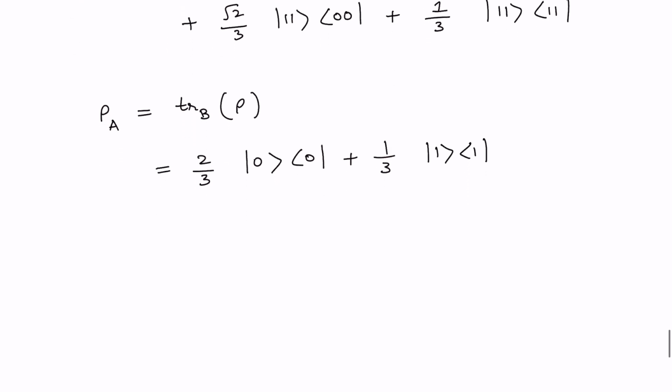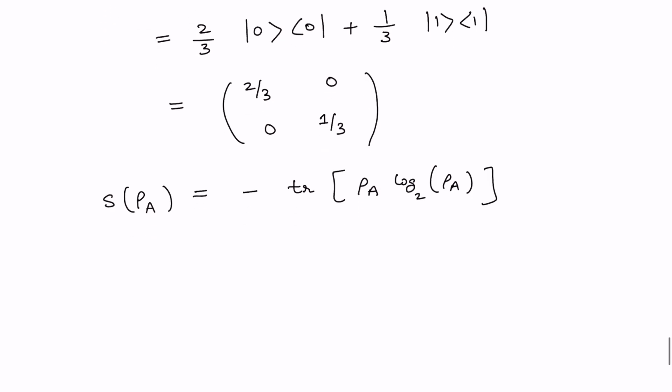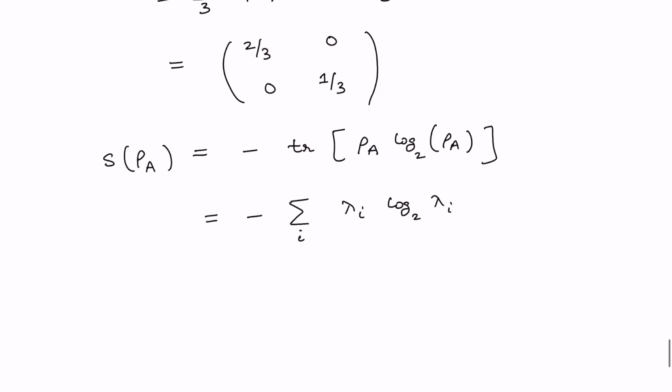Now you can write it in the matrix form as follows: 2/3, 0, 0, 1/3. Now as regards the entropy for this system A, S(ρ_A), the von Neumann entropy is equal to minus trace of ρ_A log ρ_A with base 2, but a more useful form is the sum over i of λ_i log λ_i, where the λs are the eigenvalues.